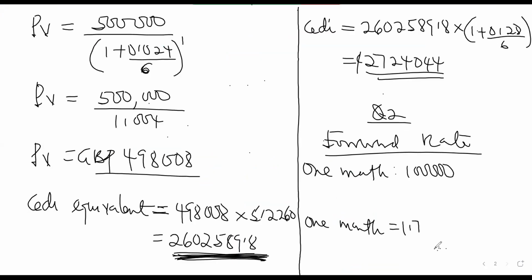I'm getting 1.7826 dash 1.7832. Is that correct? The 1 month rate is those two figures, correct?